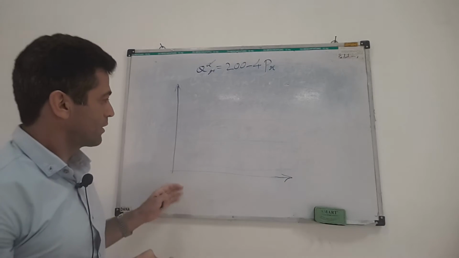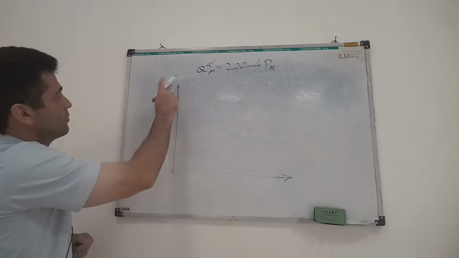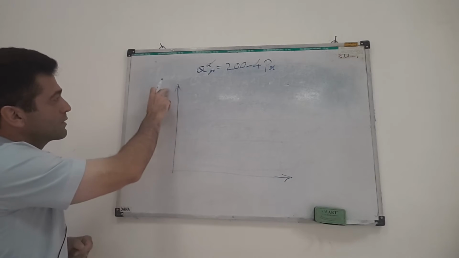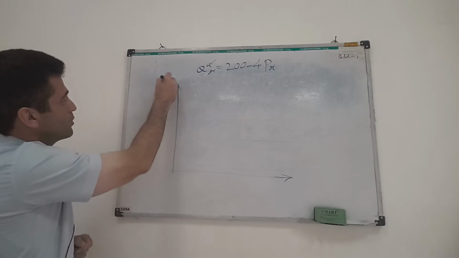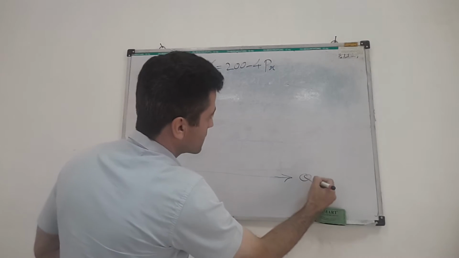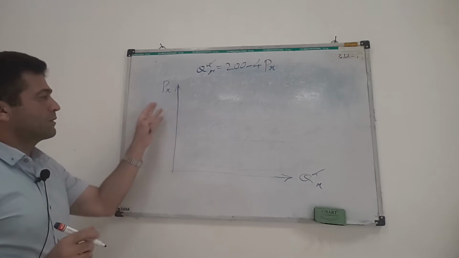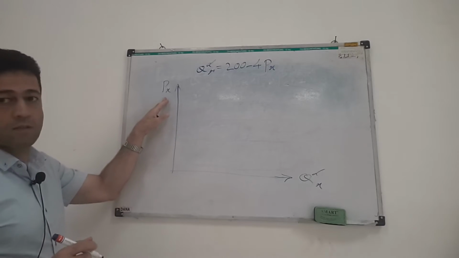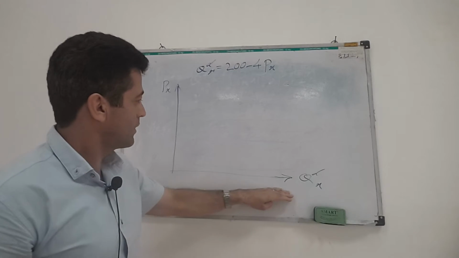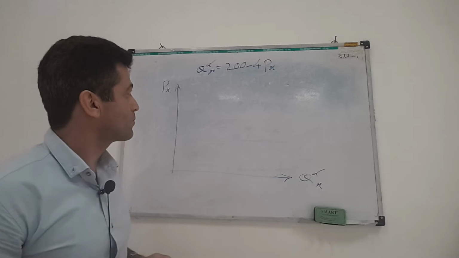We consider the coordinate set, and here I want to consider the y-axis as the price of a good and the x-axis as the quantity of demand for X. The vertical axis is the price of a good, and the x-axis, or horizontal axis, is the quantity of demand for X.